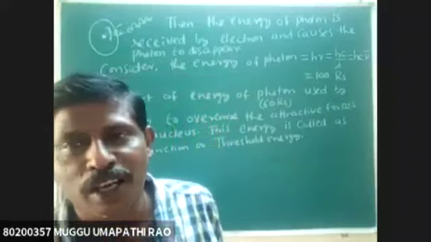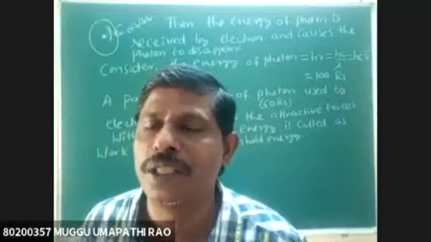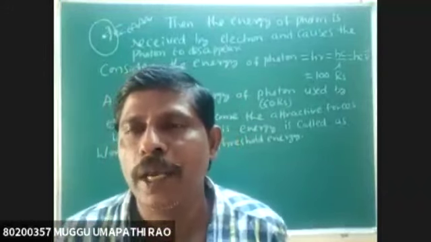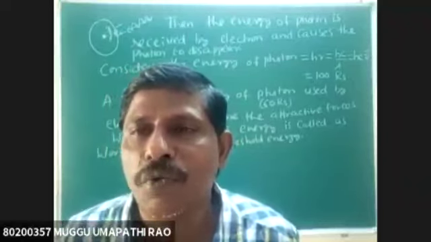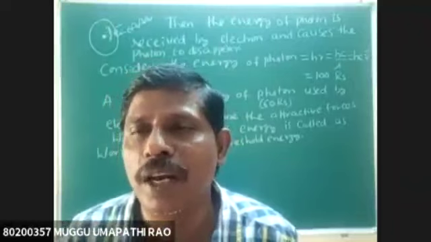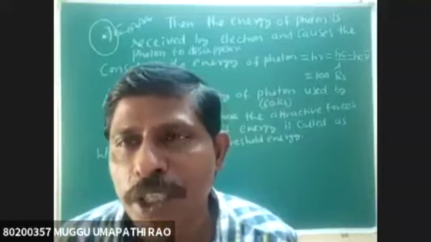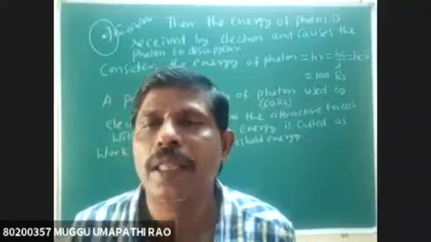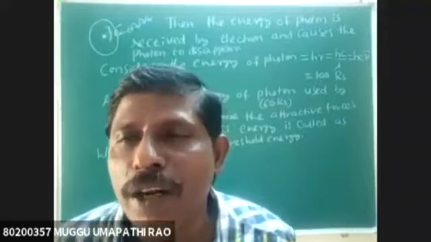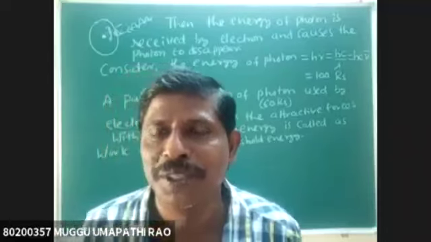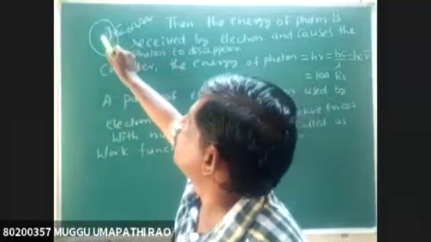How does the photoelectric effect occur? Very simple. First, we allow light to fall on the surface of a metal. Then light photons strike electrons. One photon can strike only one electron at a given instant of time. Consider photon energy 100 rupees. Then the 100 rupees is taken by the electron. The electron uses the 100 rupees in two ways. 60 rupees to overcome the attractions between nucleus and electron.